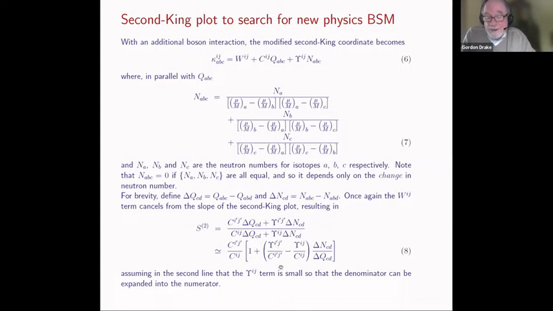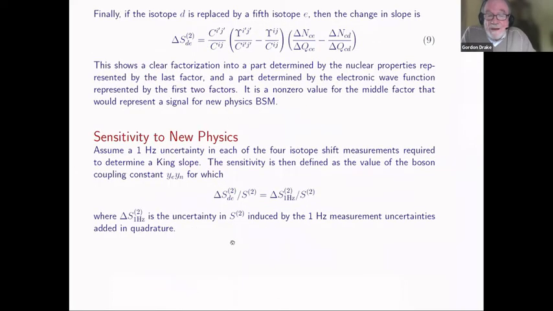So if this is there, then the ratio would deviate from a constant straight line. And so if isotope D is replaced by a fifth isotope, then you would see this change in slope. And this is the factorization into a part that depends on nuclear properties and a part dependent on the electron wave function.